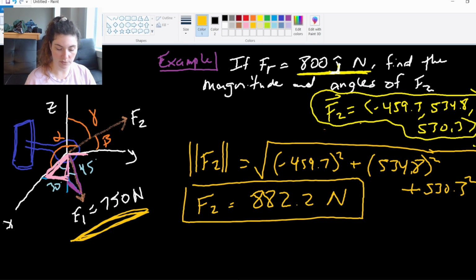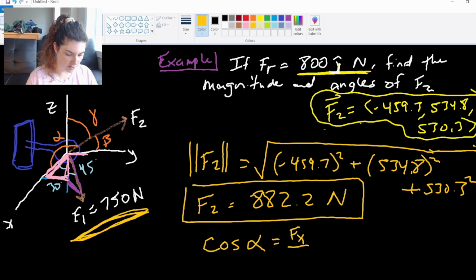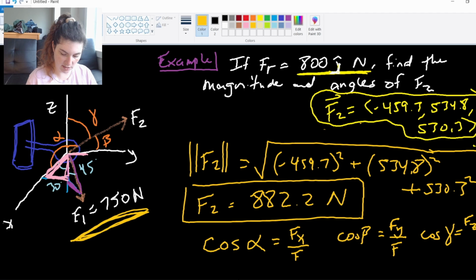Luckily, this isn't too difficult because we know from our formulas before that cosine alpha is Fx over F, and same goes for cosine beta is Fy over F. Cosine gamma is Fz over F. So we have the magnitude of each.